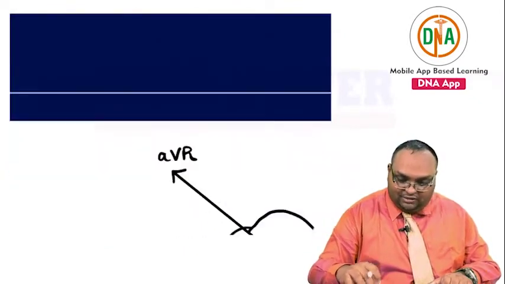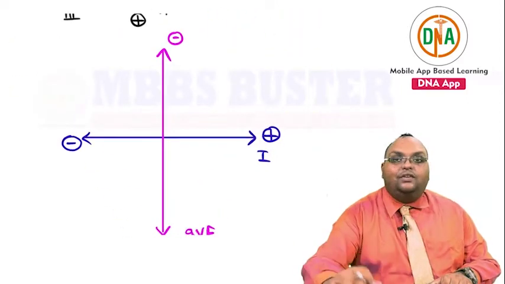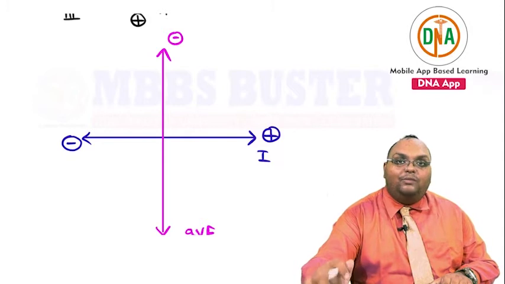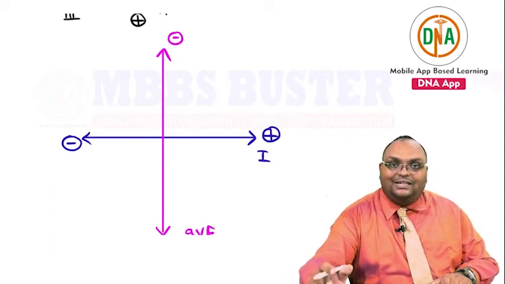Let's come back to this diagram which we had drawn over here. If this is our coordinate geometry axis, I give you a fact right now that you need to remember throughout your ECG studies: the normal axis of the heart is between minus 30 and plus 110, and I am quoting standard textbooks on ECG, including your 20th edition Harrison. It says that yes, it is minus 30 to plus 110.